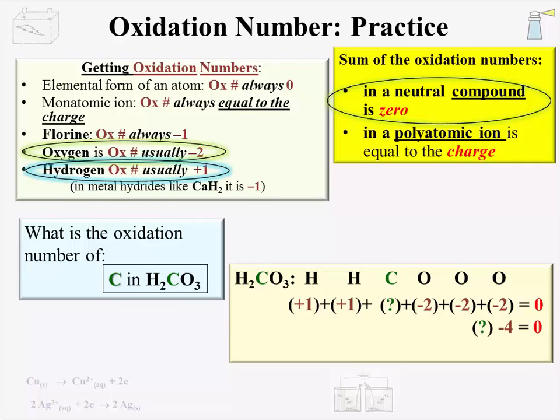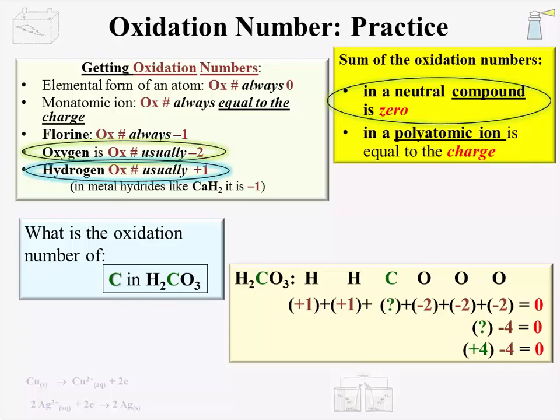This expression simplifies to the oxidation number of carbon minus 4 equals 0. What value minus 4 is equal to 0? A +4. As long as the oxidation number of only one atom type in a compound or ion is not known, it can generally be solved for.